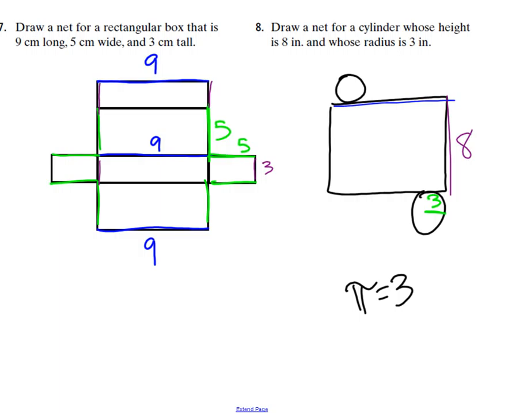Think about it. Yes, you have enough information there. It is not 8. Please don't just guess. Use your formula chart. There's your hint.